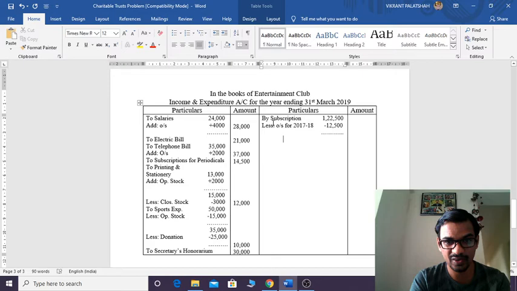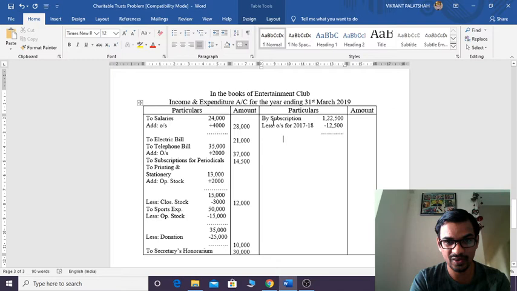What is mentioned? Subscription outstanding as on 31st of March 2019, rupees 12,500. So at the end of the current year, 12,500 is outstanding. Therefore, outstanding for the current year, that we have to less.